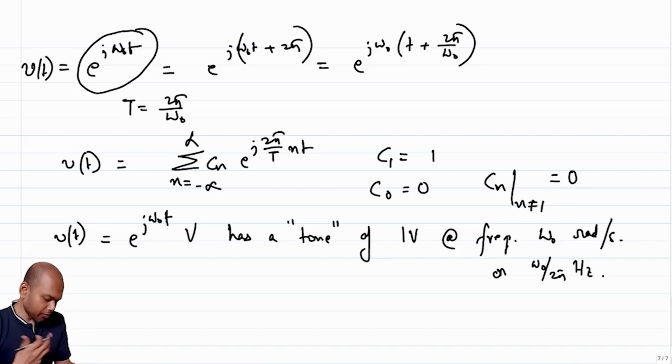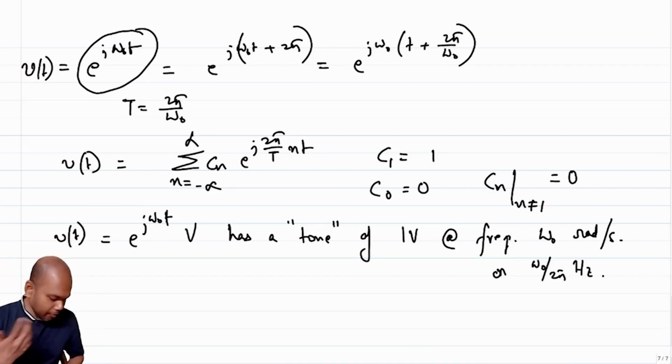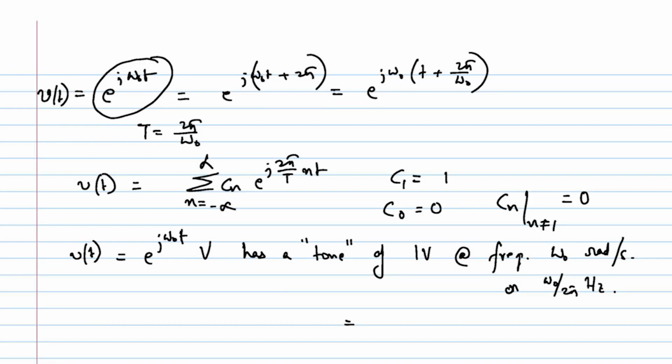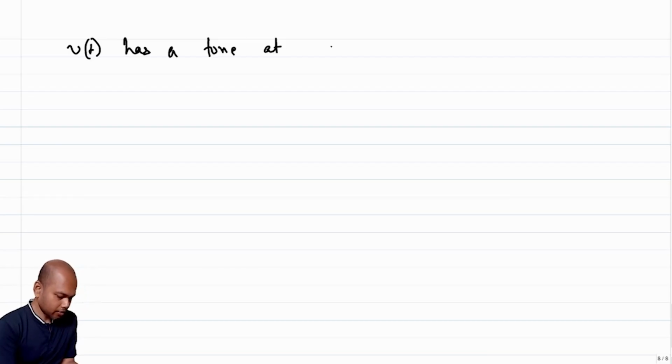So in the book, when somebody tells you a signal has a tone, all it means is that in time domain you can express that signal in the form of e to the power j omega naught t, right? So if I tell you that V(t) has a tone at 1 gigahertz, this information is not sufficient.